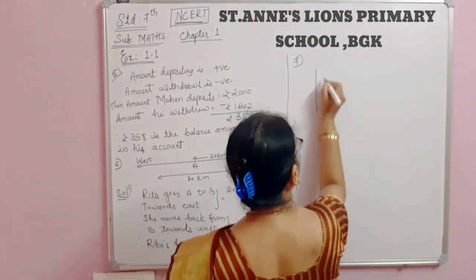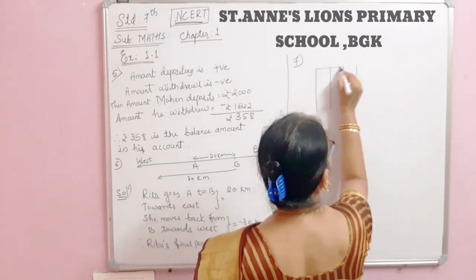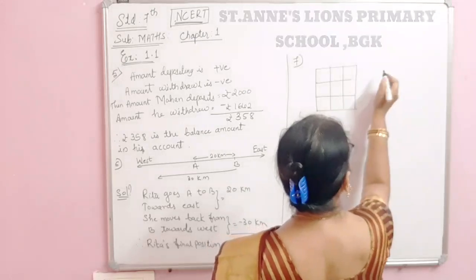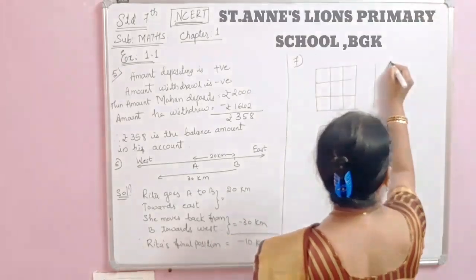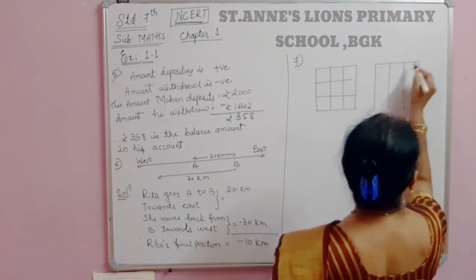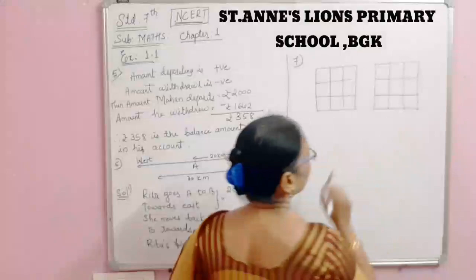See now, this is one magic square. In magic squares, either it will be 3 by 3 or 5 by 5. This is 3 by 3. Or sometimes it may be 4 by 4 also. One perfect square number magic squares will be there always. See, these two are 3 by 3.